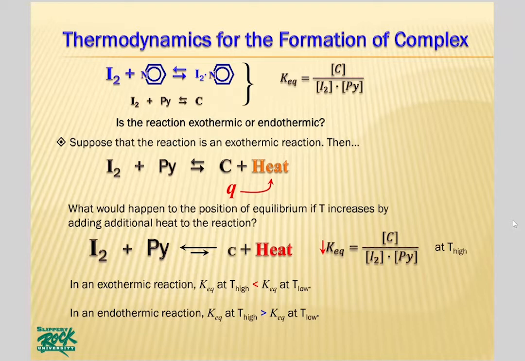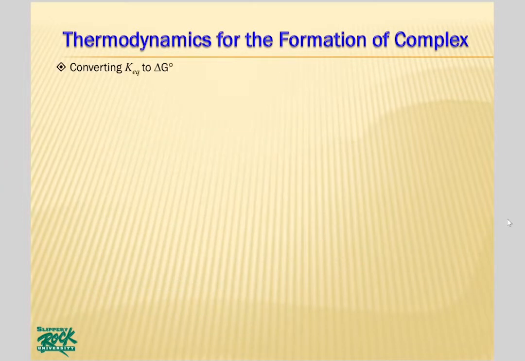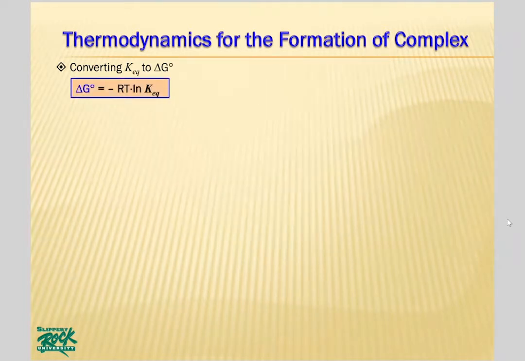It further implies that we may easily determine if an equilibrium reaction is exothermic or endothermic simply by observing how the KEQ value changes when the reaction mixture is heated or cooled. We can convert the equilibrium constant to standard delta G, or simply delta G naught, by using the following equation.